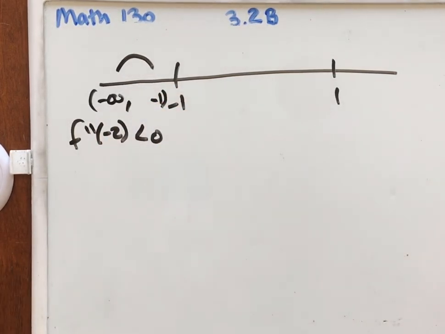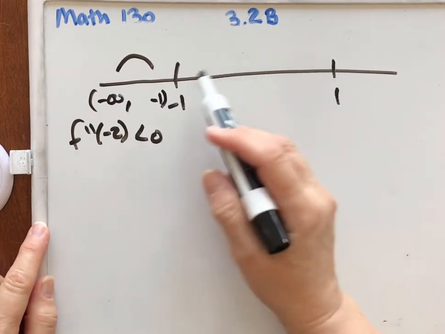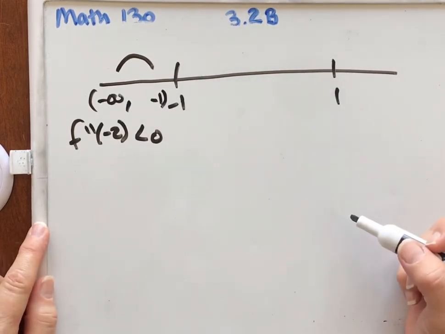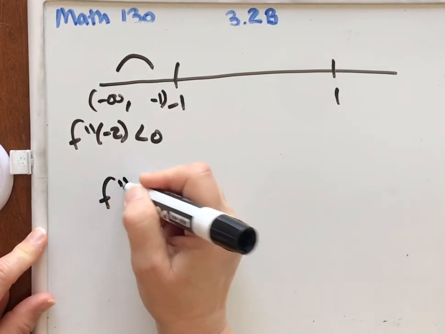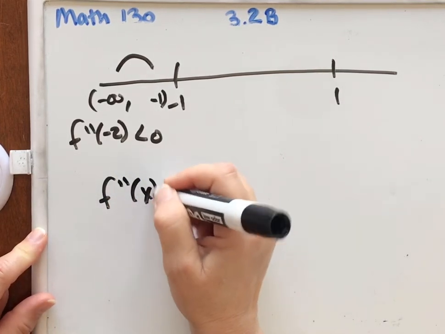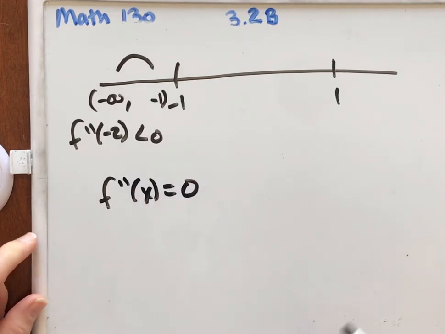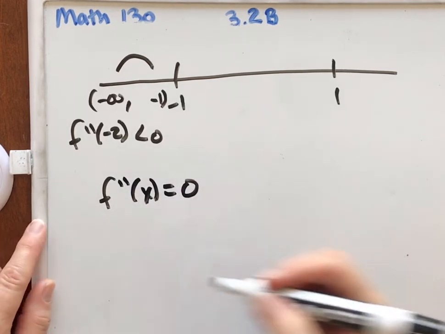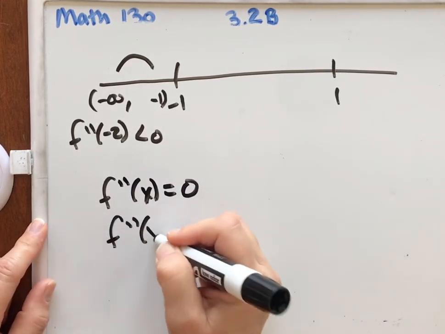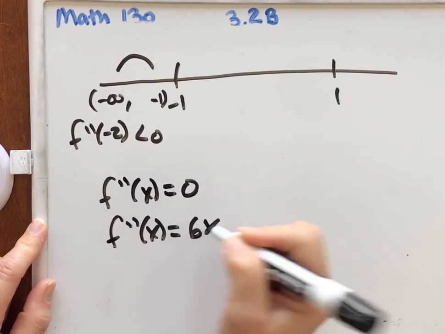Okay. Now, what's going on in here? Where's our inflection point? We know our inflection point is when f double prime of x equals 0. When does that happen? Well, we know f double prime of x equals 6x.